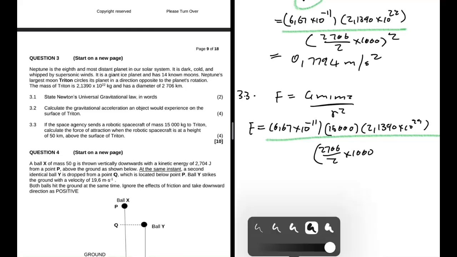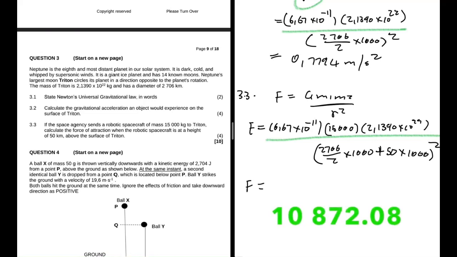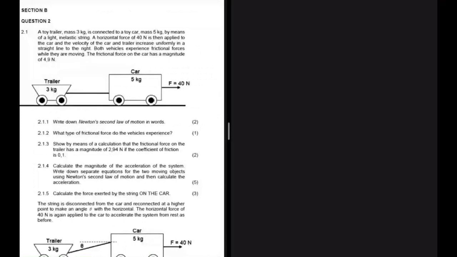So here we're going to have plus 50 kilometers, and then we also multiply this by 1000, and we square everything. So let me just put that in my calculator real quick. So I'm getting a force of 10,842.08 Newton, right?